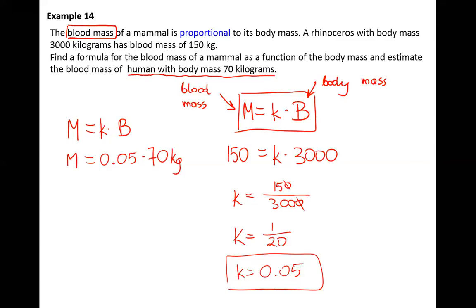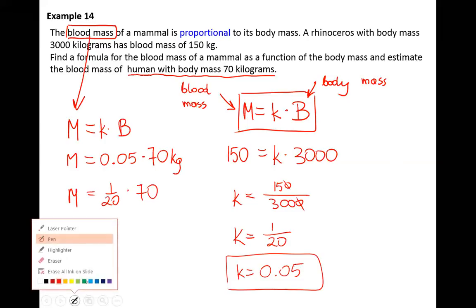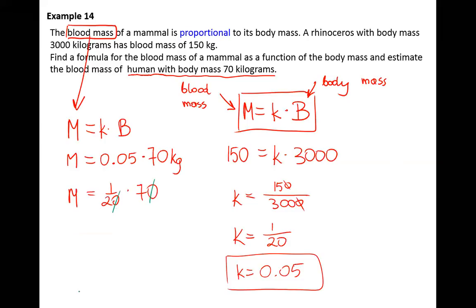M will be the blood mass. 0.05 times 70. I can use fractions better than I can divide. 70 divided by 20, so easy. 3.5 kilograms.